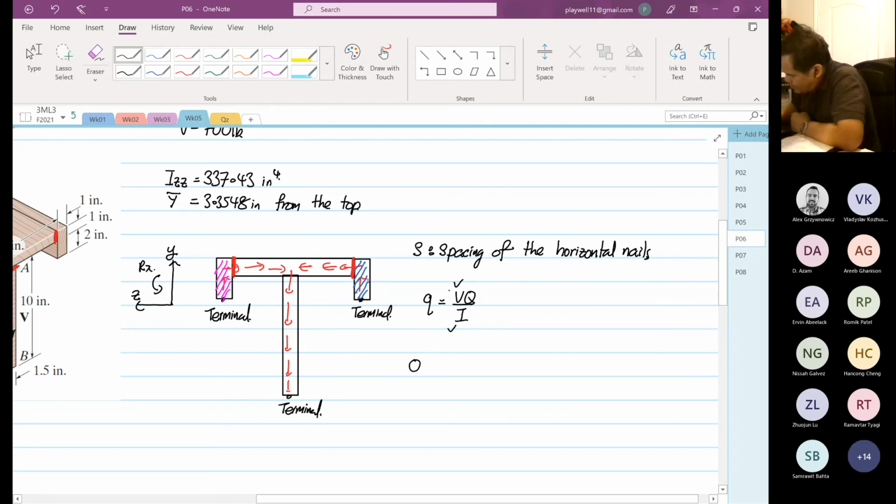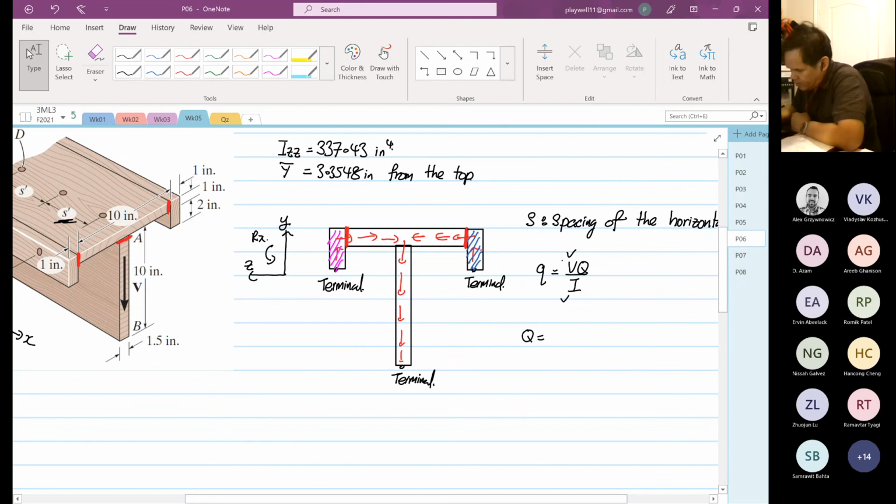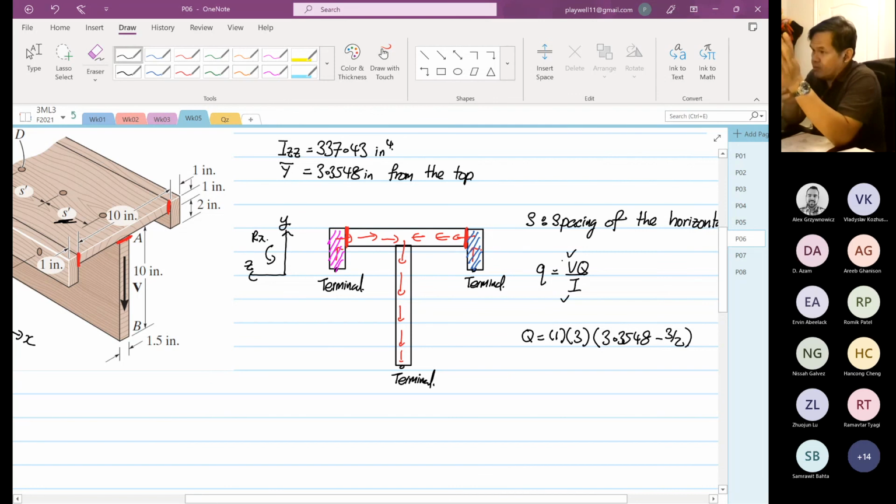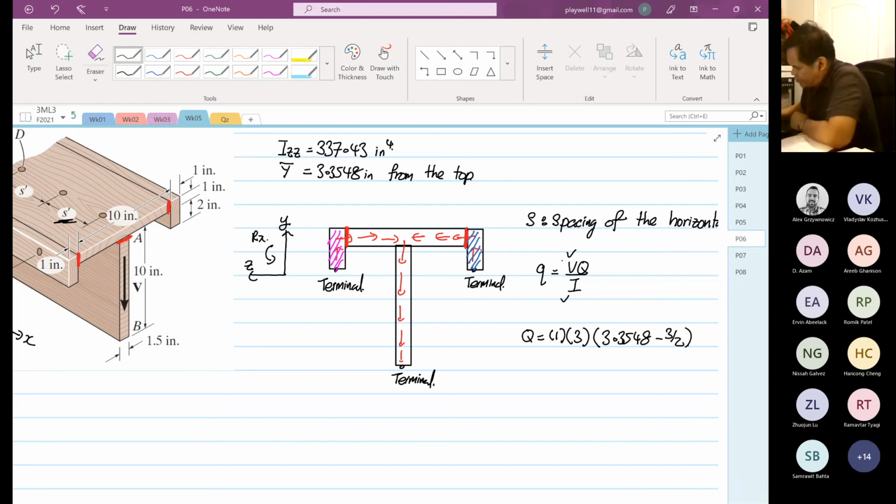The width is 1, the depth is 3, and the Y bar is given as 3.3548 minus 3 divided by 2. You only consider one side, because the Q on the left-hand side and the Q on the right-hand side are independent. You don't take both, otherwise you can confuse yourself.